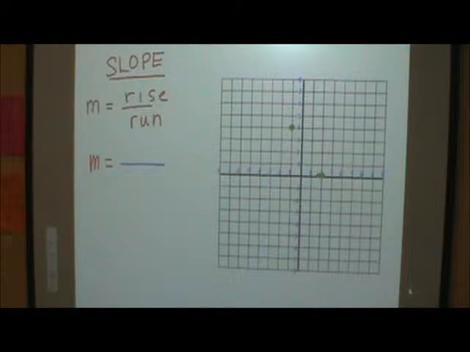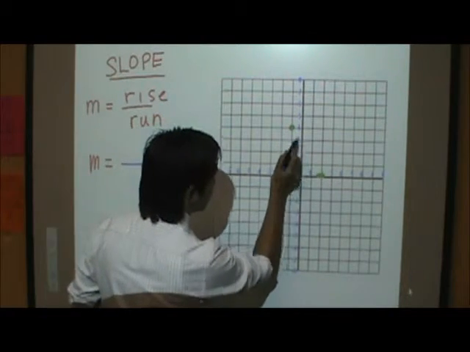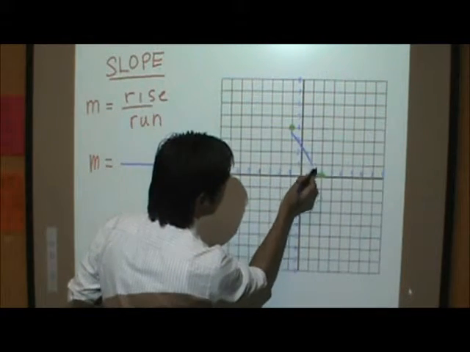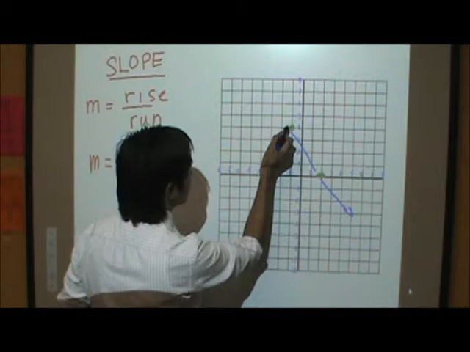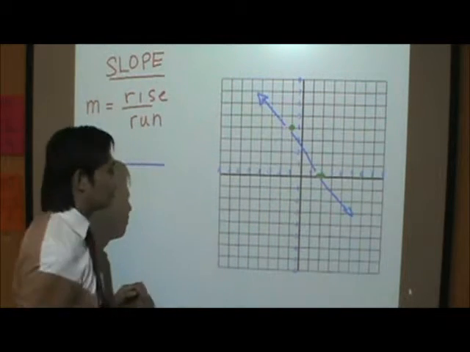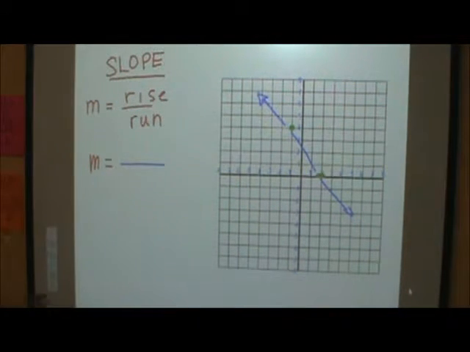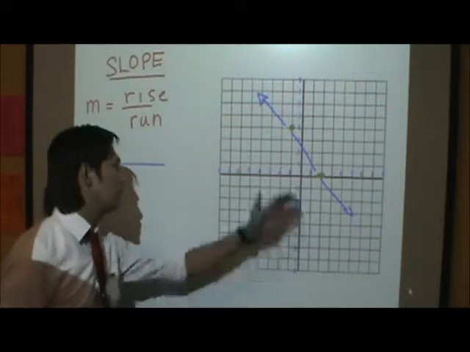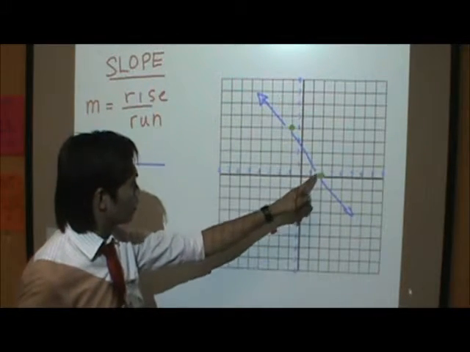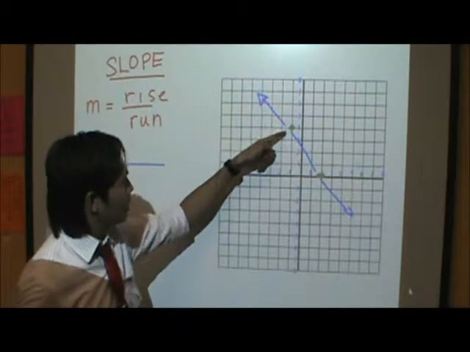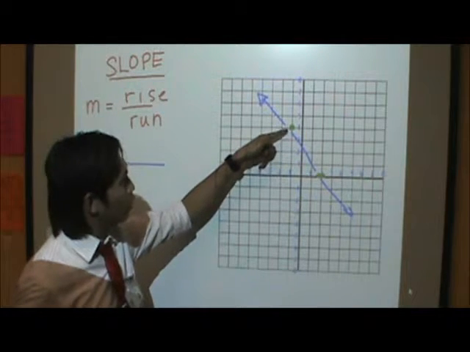Now, for this problem, let's say if we connect these 2 points, and we formed a line. Now the question is, what is the slope of the line passing points (2, 0) and (-1, 4)?